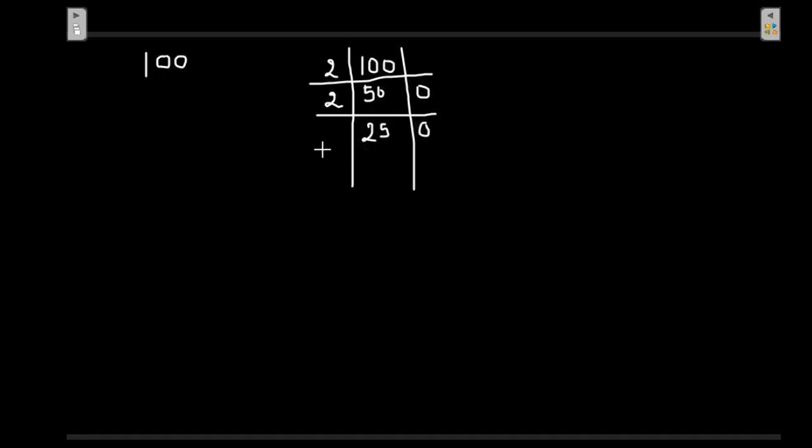It's again 0. Again repeating the whole process, dividing 25 by 2, we get a rational number, but we have to write it in the form of a whole number. So we write here 12 and we get 1 as a remainder. Again dividing by 2, we get 6, which is exactly divisible. I should extend this ladder.